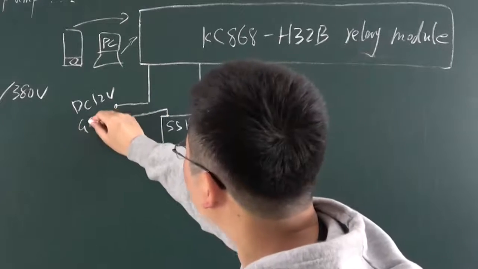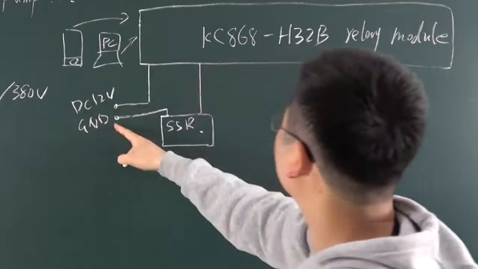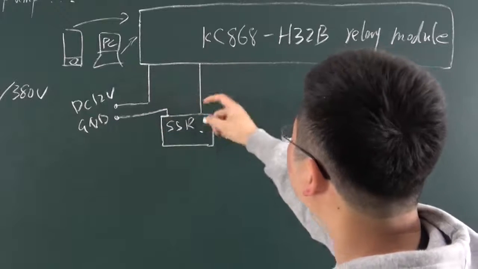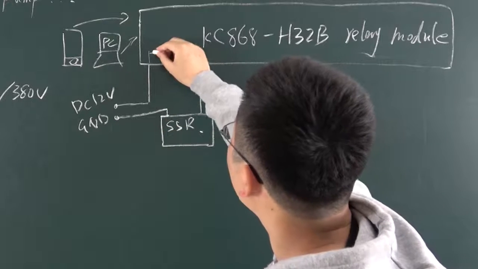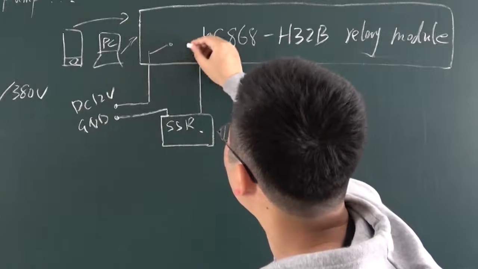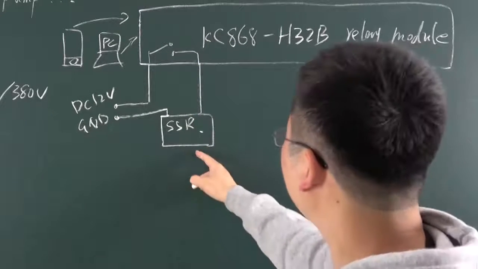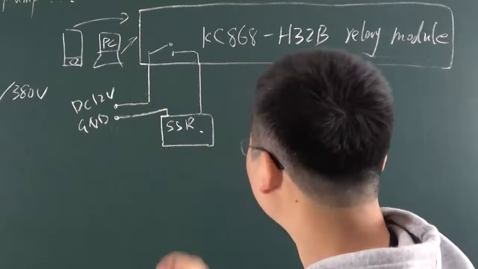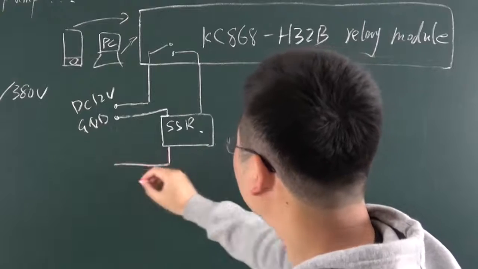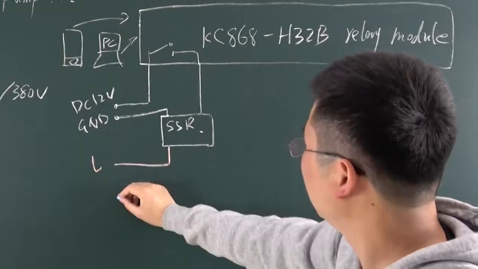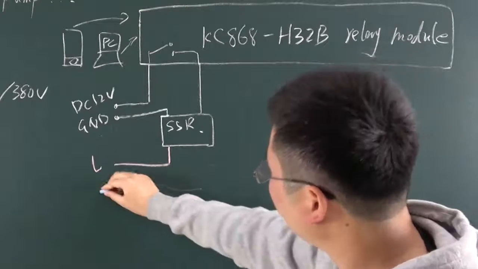This is 12 volt and this is ground, going to this SSR. Inside is a relay, so you can control the lamp.